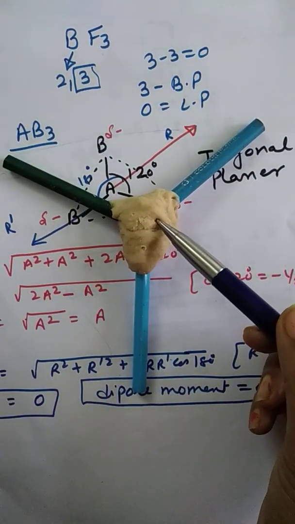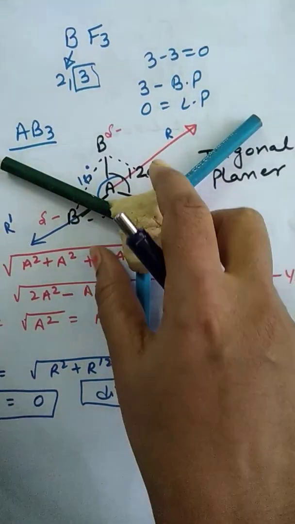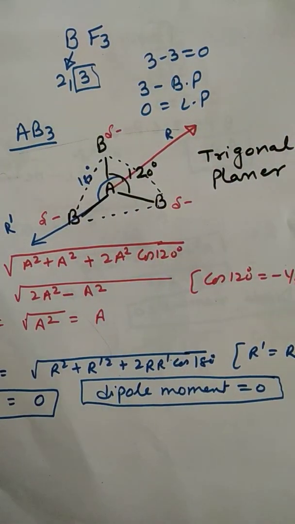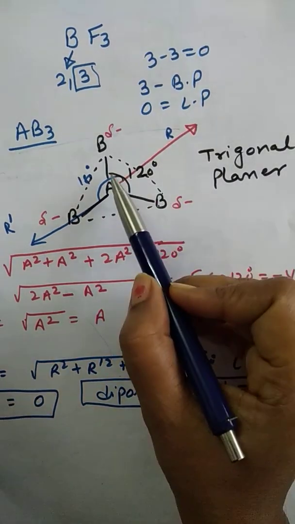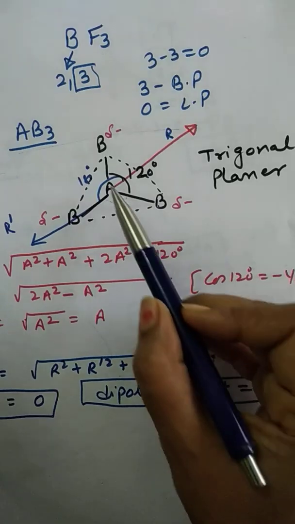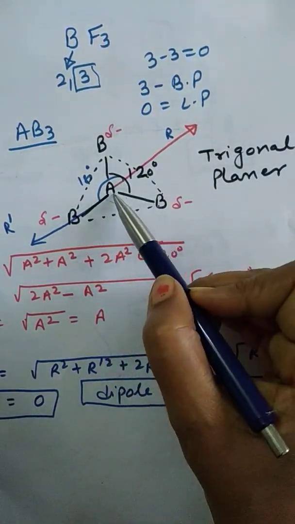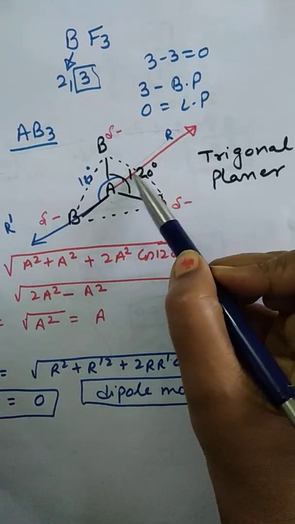So this will be the central atom boron, with fluorine, fluorine and fluorine. Now if you try to put the vector formula, each angle will be 120 degrees. First you find the vector sum of this vector and this vector. Its resultant will be in this direction.